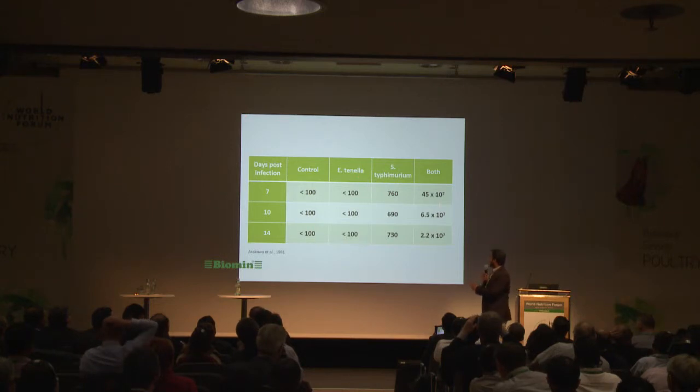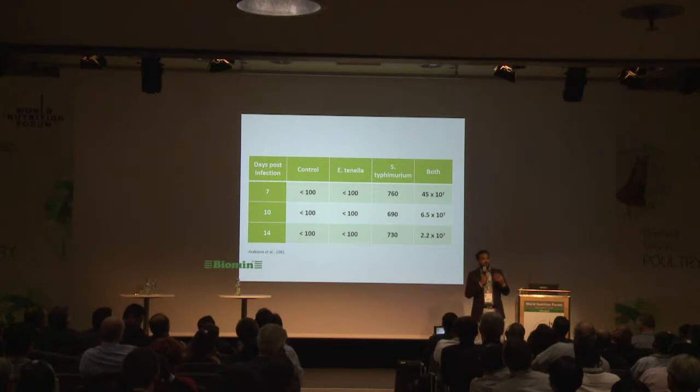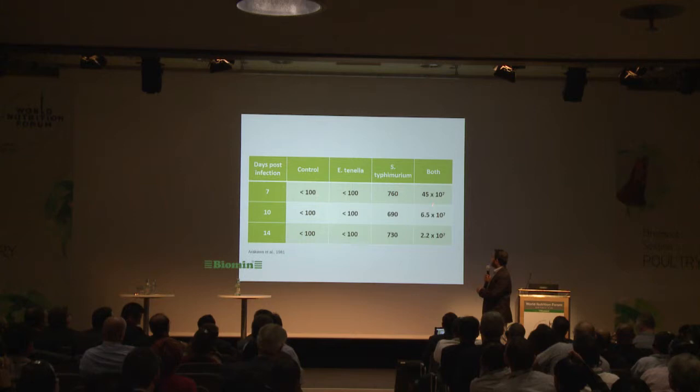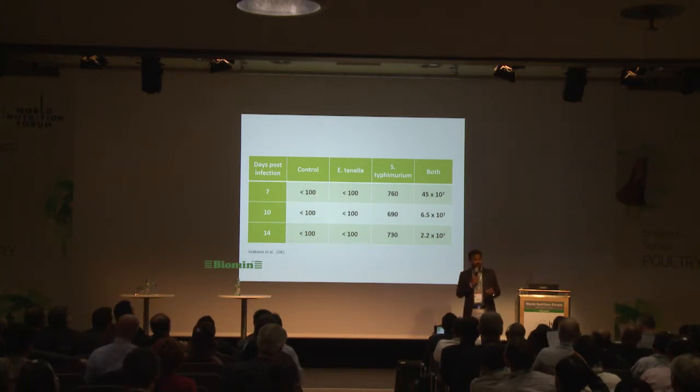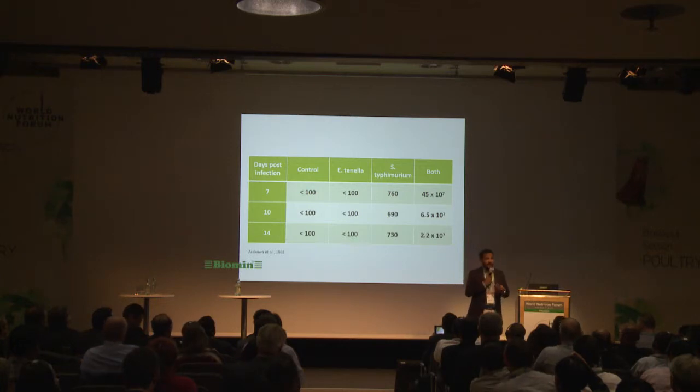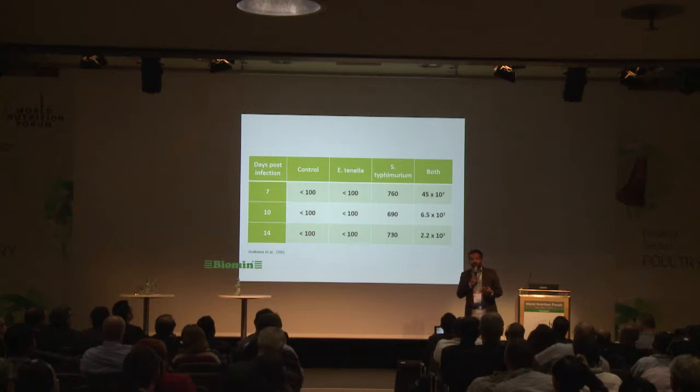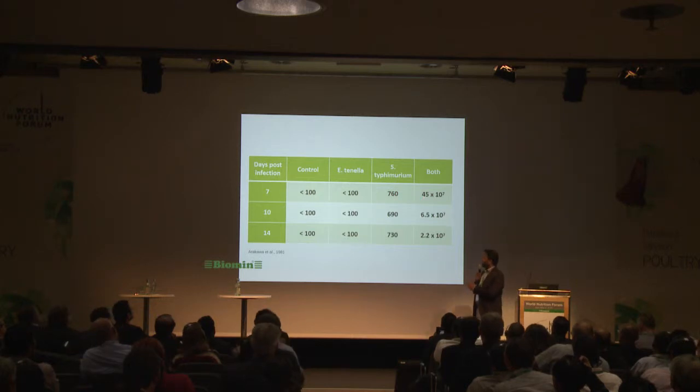But the last group, which was exposed to both challenges, the cocci and Salmonella, had increased amounts of Salmonella. So this is a potentiation of one pathogen by another. If a cocci infection is already present, that predisposes the bird to another potential infection and increases the impact of that infection.